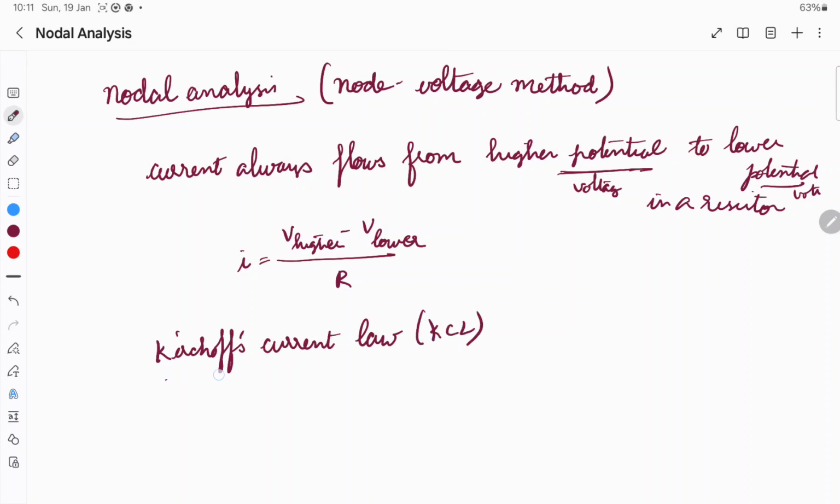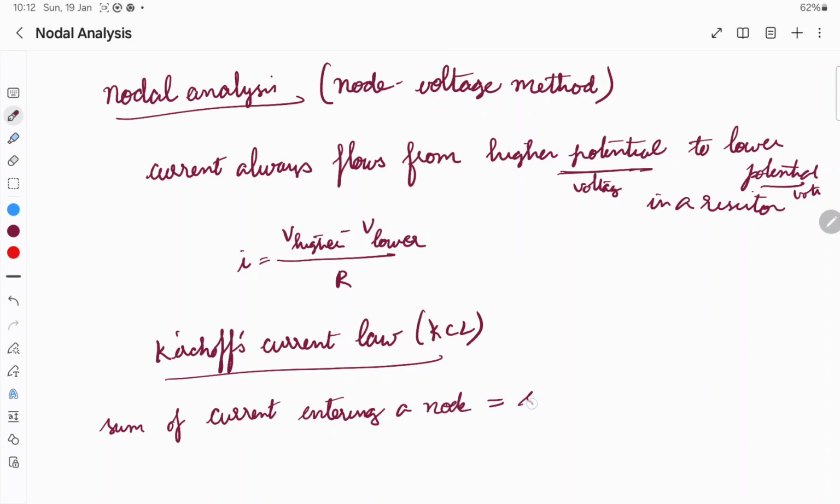What does Kirchhoff's current law state? The sum of currents entering a node is equal to the sum of currents leaving a node. This is Kirchhoff's current law, right? So with this in mind, we will straight away move into an example.